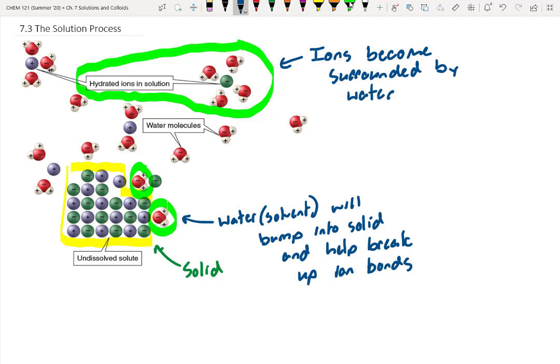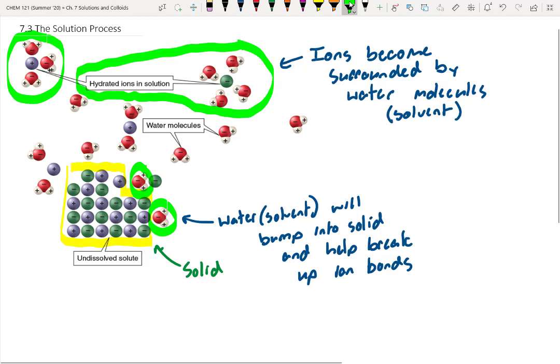Essentially, they form like a little shell around these ions. And water molecules, if you remember, are acting as our solvent here. And this is going to be true for both cations and anions.